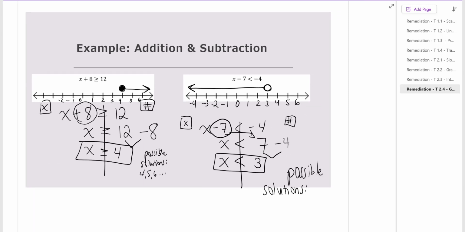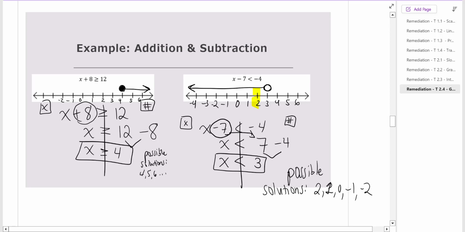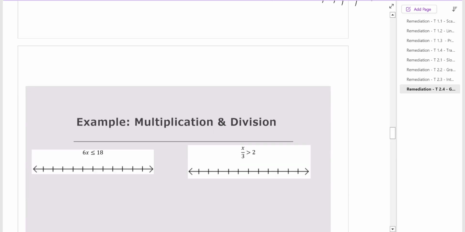Okay, las soluciones posibles son 2, 1, 0, negative 1, negative 2. So the possible solutions are 2, 1, 0, negative 1, negative 2, and continuing on.